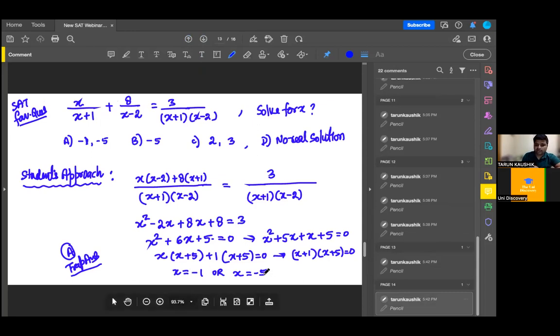So the point is, whenever you are solving an equation which contains the variable component in the denominator, solving it and getting the values is step number 1. But at the same time, you have to make sure that you plug those values back into the original equation. If any value out of the given solutions makes my denominator 0, that will result in an undefined expression.